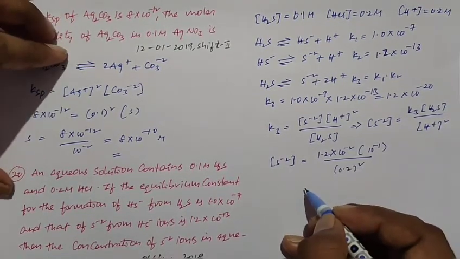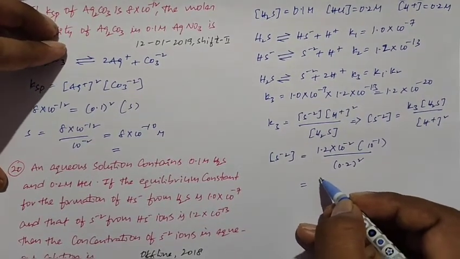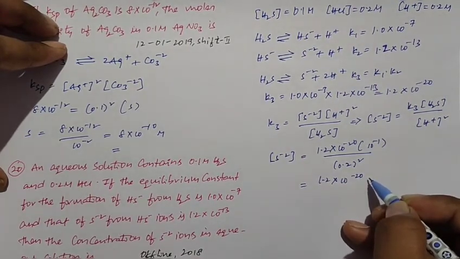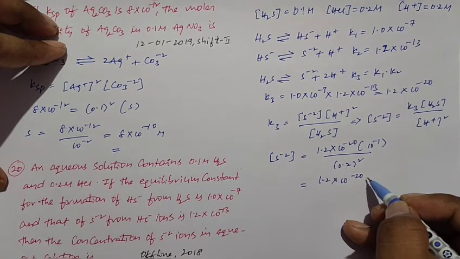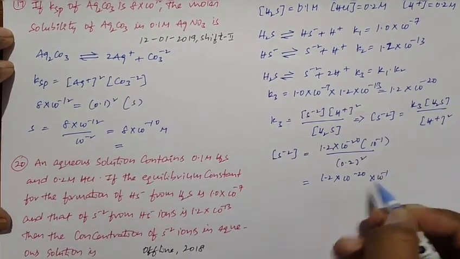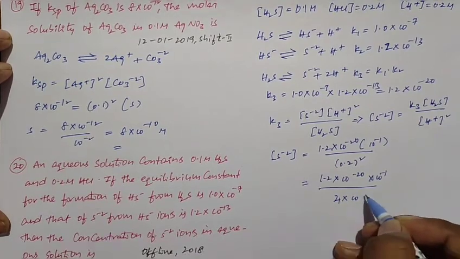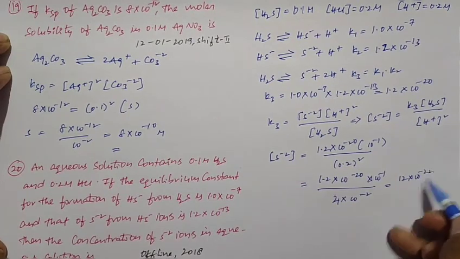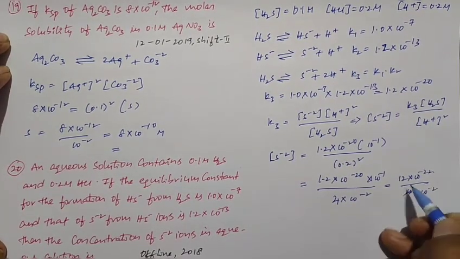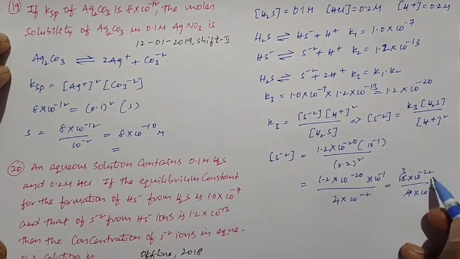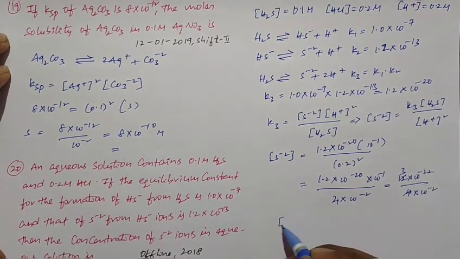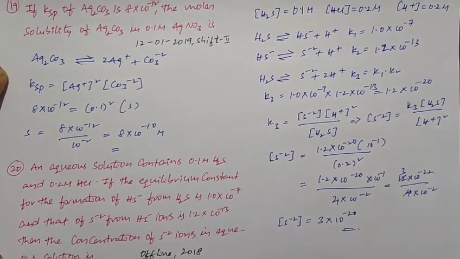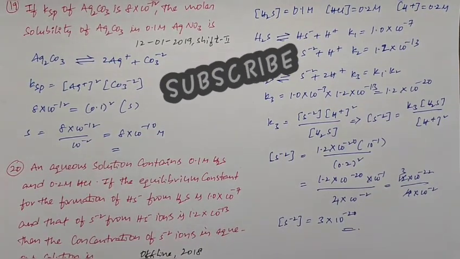Then that is equal to 1.2 into 10 power minus 20 into 10 power minus 1 by, 0.2 is written as 2 into 10 power minus 1, and squared it is 4 into 10 power minus 2. So the above factor we create 12 into 10 power minus 22 by 4 into 10 power minus 2. So 4 will be cancelled 3 times. If we take 10 power minus 2 to the numerator, we get 10 power minus 20. So then the concentration of sulfide ion is equal to 3 into 10 power minus 20. So this is the concentration of sulfide ion in the given aqueous solution.